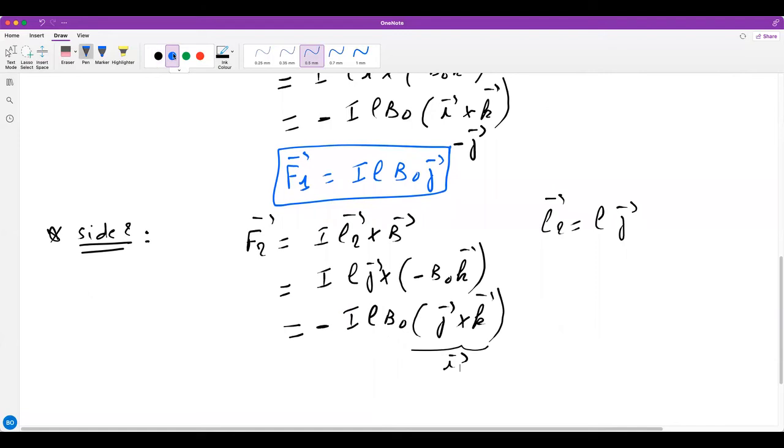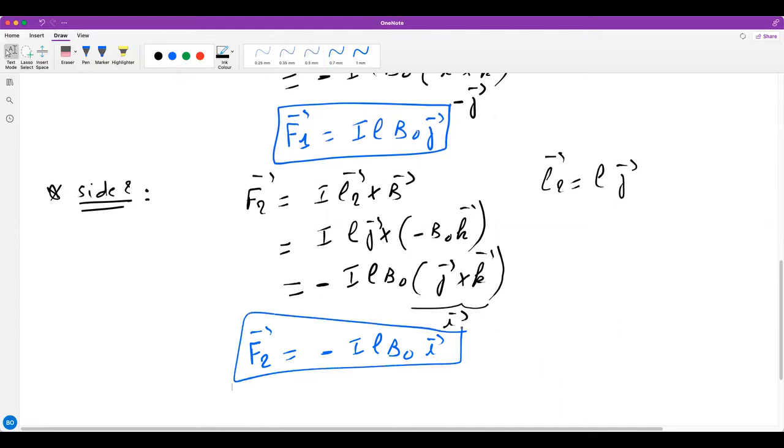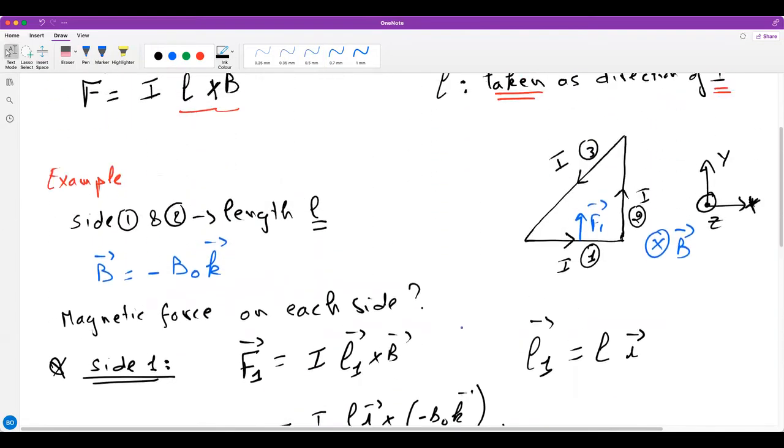This means the force on side two is equal to minus I L B0 i. So the force on side two will go this way.